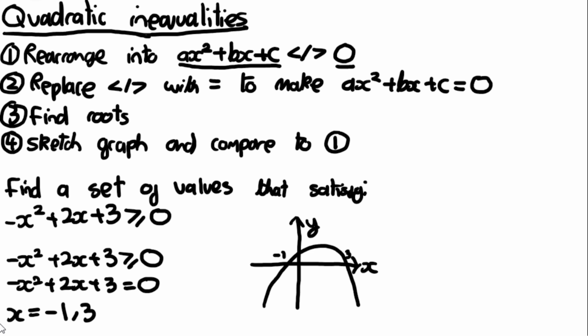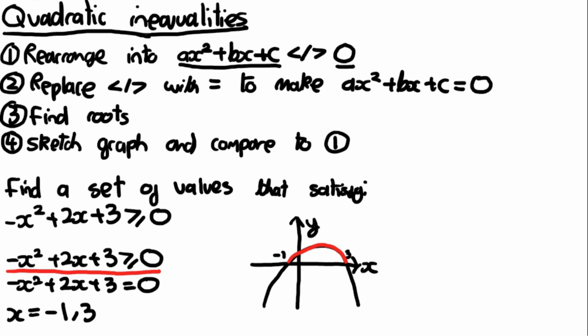Okay, so we need to find the values where, for our inequality, it is bigger than or equal to 0. It's bigger than or equal to 0, so it's above the x-axis. So it's going to be the values here. It's not going to be the values underneath because they're going to be negative. We need to find the values above, which are going to be the positive ones.